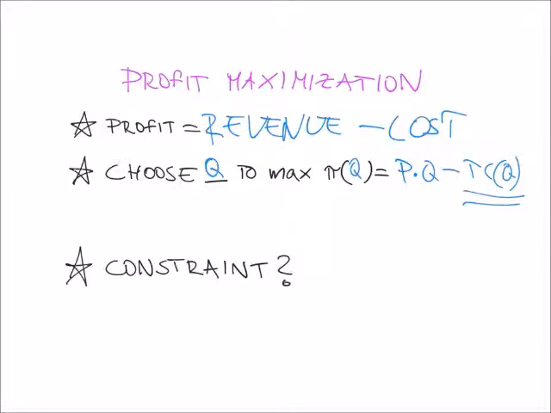It's that by talking about the total cost function, I hid the fact that you need to think about what combination of inputs you're using, let's say capital and labor, or whatever inputs you use. I hid the fact that you can only use certain combinations of capital and labor to produce certain levels of output, because you're constrained by whatever technology you have. So your real constraint is the technology you have.